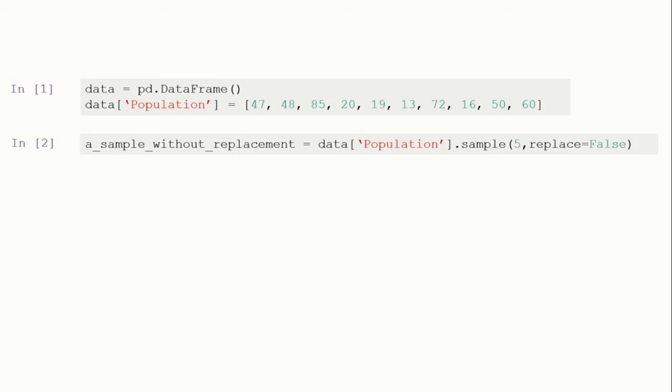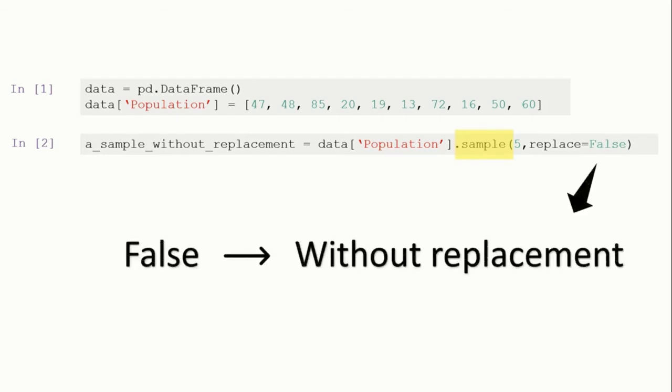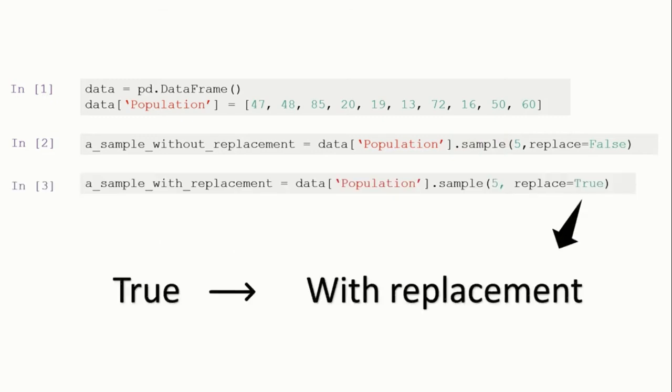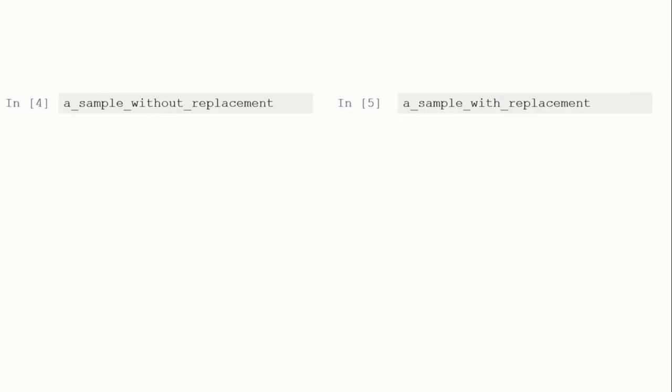In Pandas, we can use the method sample to get the samples. Here, the keyword replace equal to false means the sampling is sampling without replacement. We can define replace equal true to perform sampling with replacement.